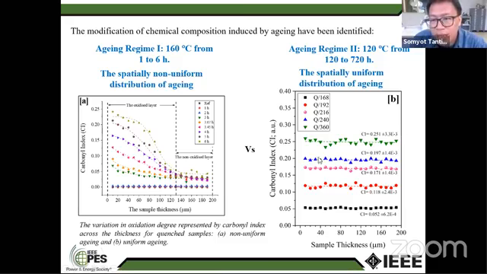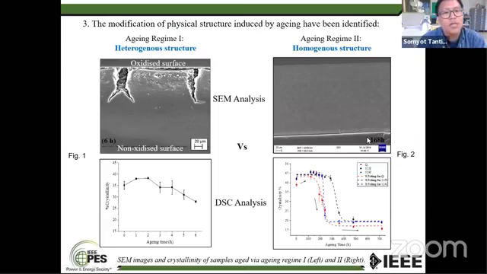For the right hand side, when you use the low temperature for aging for a longer term, the change in carbonyl index confirms that the change of the aging degree through the thickness of the sample is almost the same. That means uniform aging. So this is the first step to prove the chemical change related to the different kinds of aging conditions. And then we look into the modification of physical structure for the left hand side.